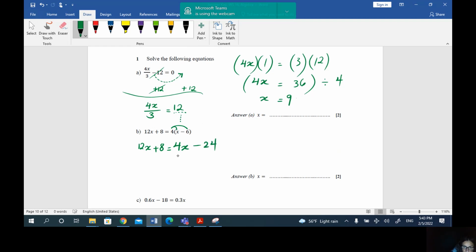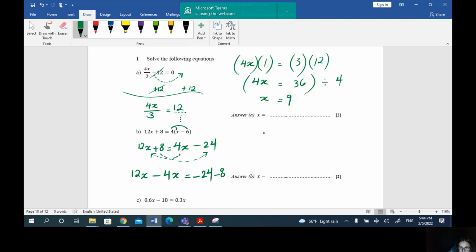Now, you're going to send the 4x to this side and the 8 to this side. So it will be 12x minus 4x equals negative 24 minus 8.